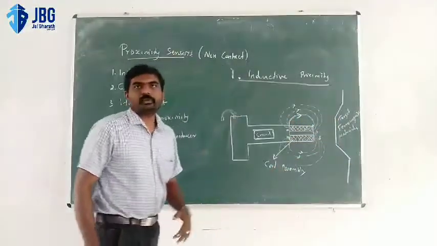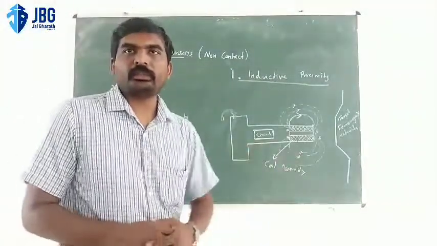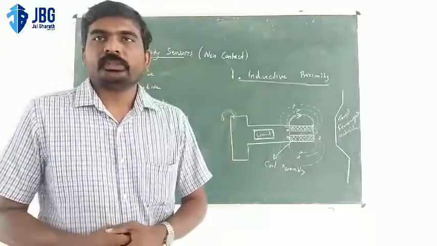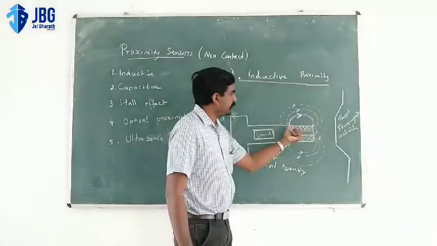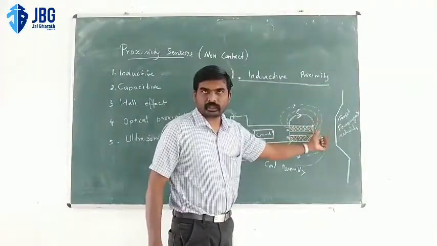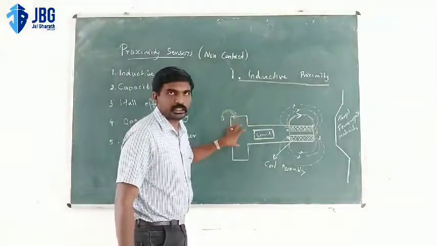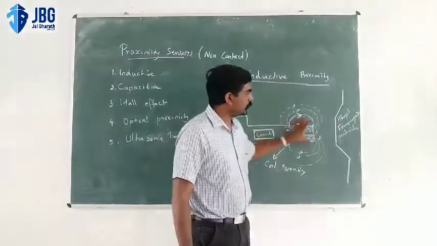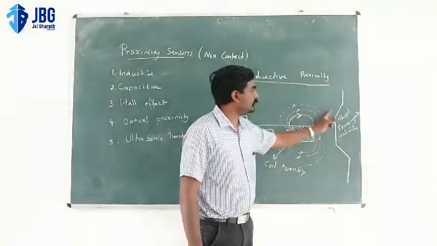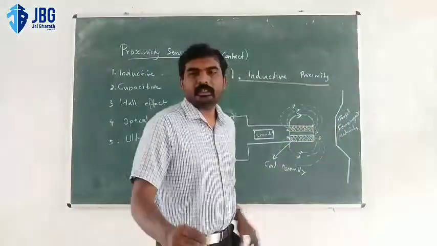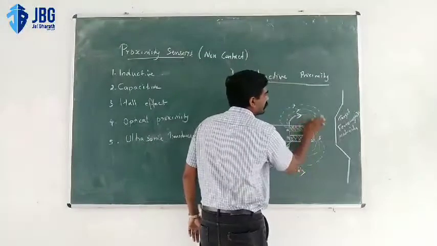Let's see how we detect an object by using an inductive sensor. From this coil assembly, we have magnetic flux lines. When the end effector or this sensor comes close to the target or the object, the magnetic flux lines vary.